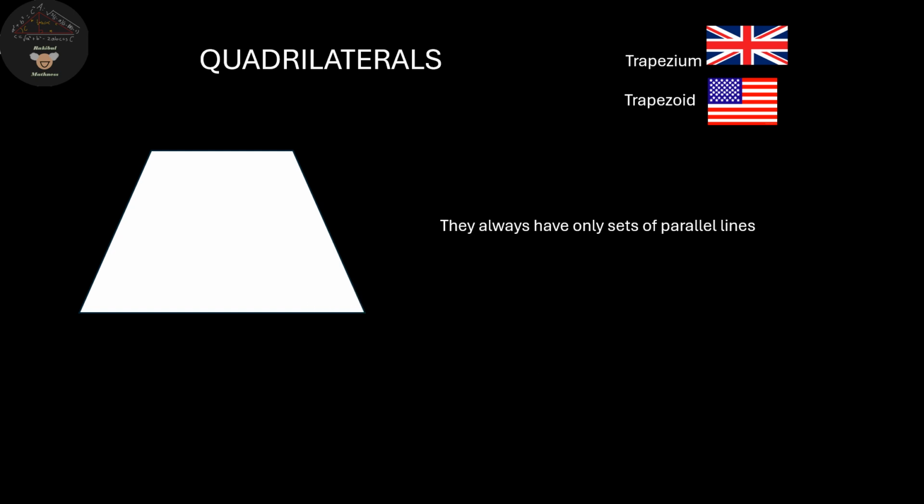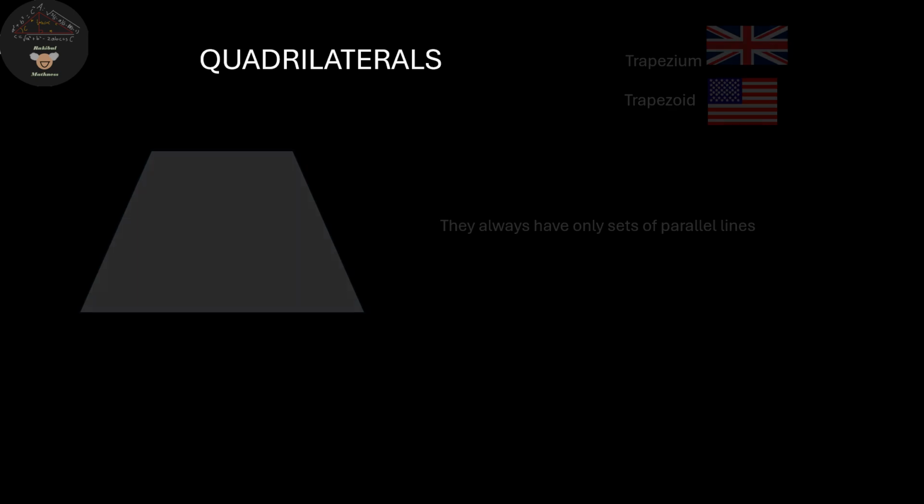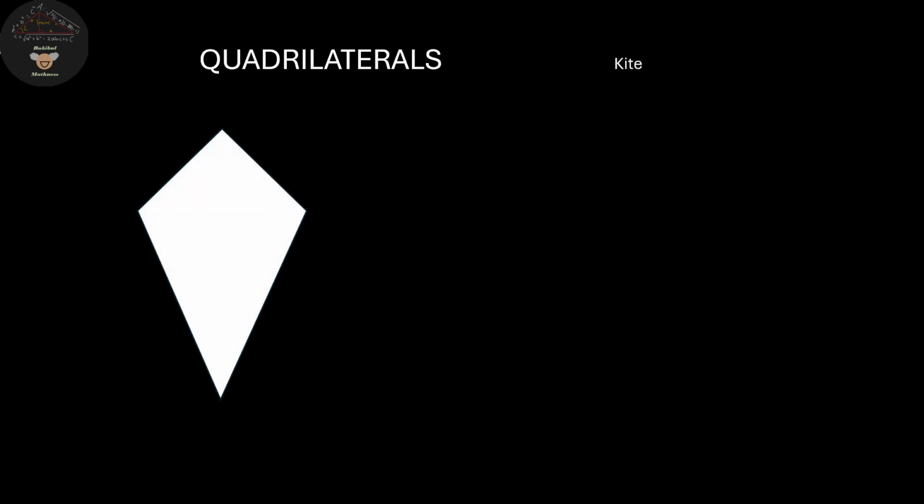Next we've got a kite. A kite is a shape with four sides, and it doesn't have any parallel sides, but its two close sides, the sides which are touching each other, are equal.